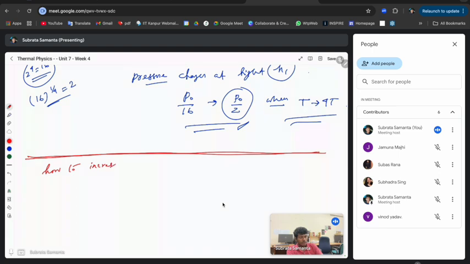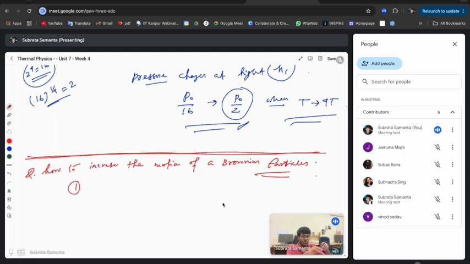How to increase the motions of Brownian particles? So first of all, Brownian particles move randomly and continuously. Step 1, smaller particle size.